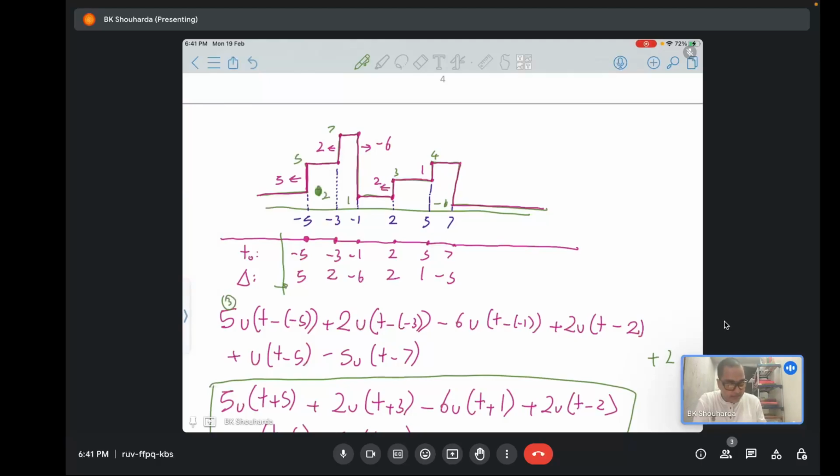You have 2, then 5, then your delta becomes 3. So you would have 3 times u of t plus 5, and then you would have continued the way I have shown you using all these delta values. And finally, after all these u terms, you add a simple plus 2, which means you have shifted up the signal by 2.